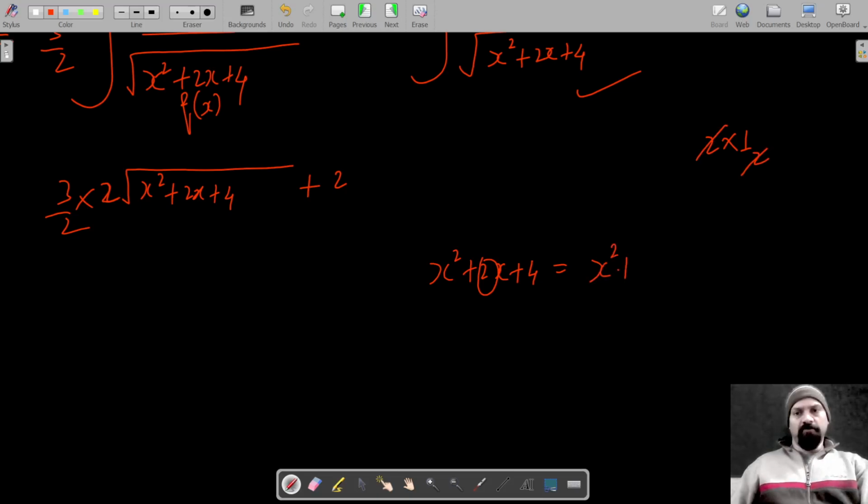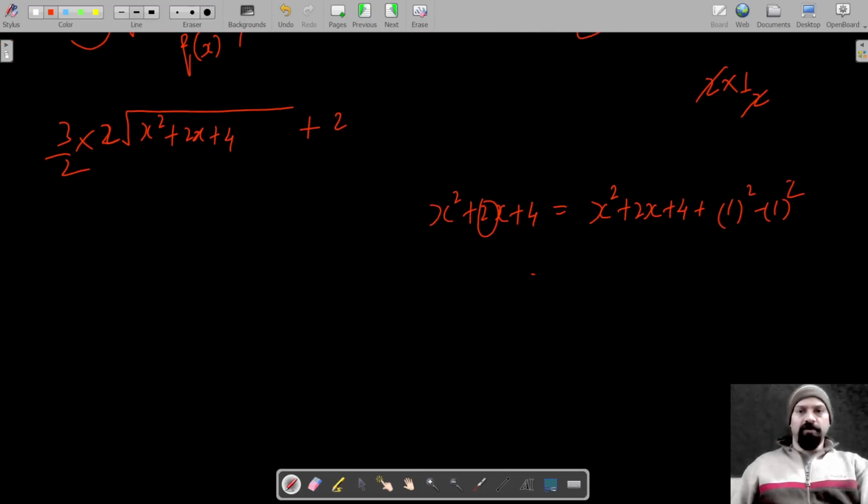So this gives x squared plus 2x plus 4 plus the square of 1 minus the square of 1, add and subtract. So this becomes x plus 1 the whole square plus 4 minus 1, which is 3. So I can write it as under root 3 the whole square.